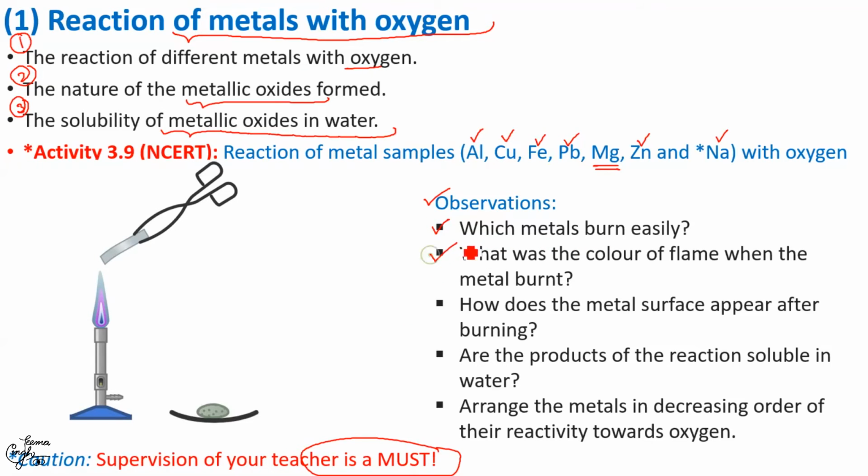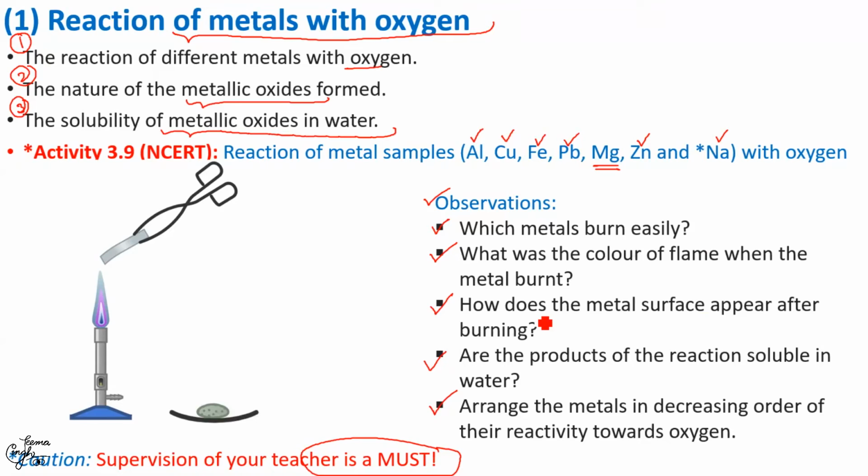Next, what was the color of flame when the metal burned? How does the metal surface appear after burning? Are the products of the reaction soluble in water? And finally, arrange the metals in decreasing order of their reactivity towards oxygen. We will try to find answers to all these questions slowly in this video.